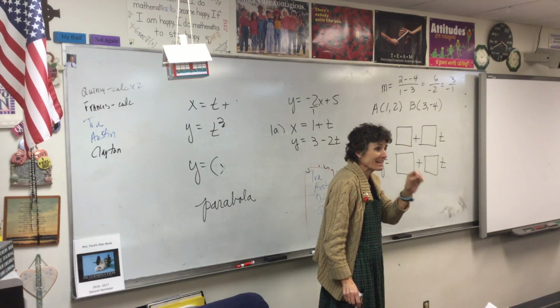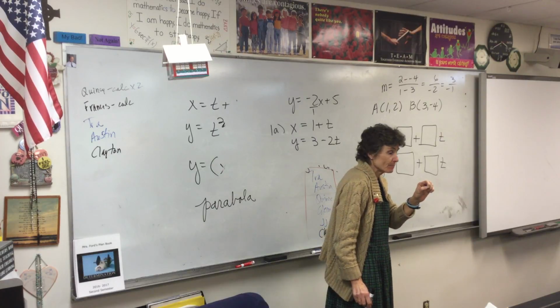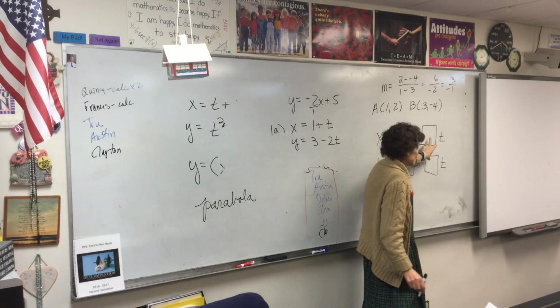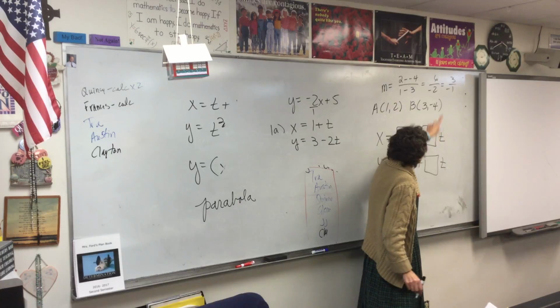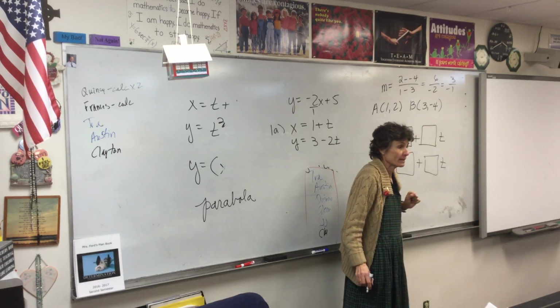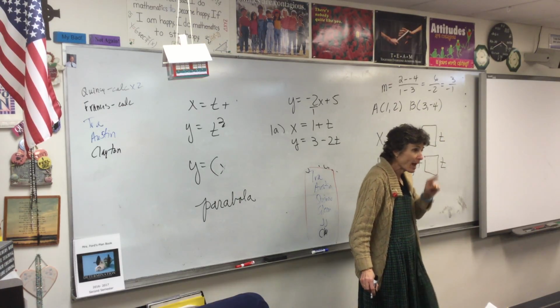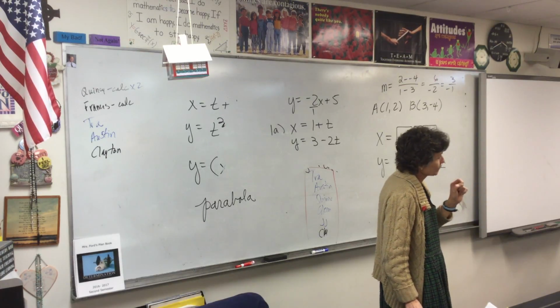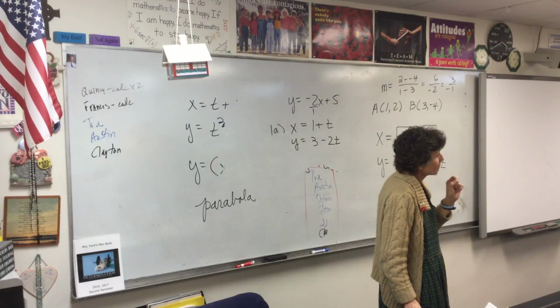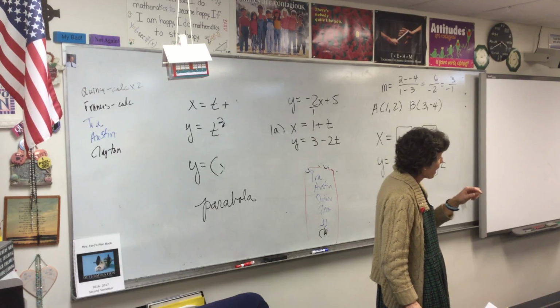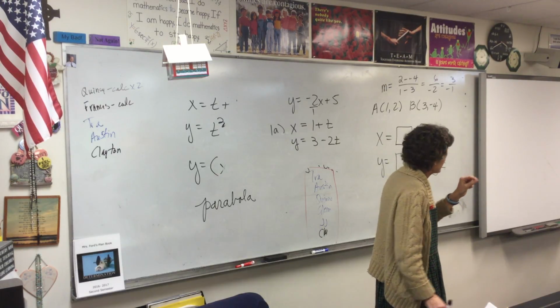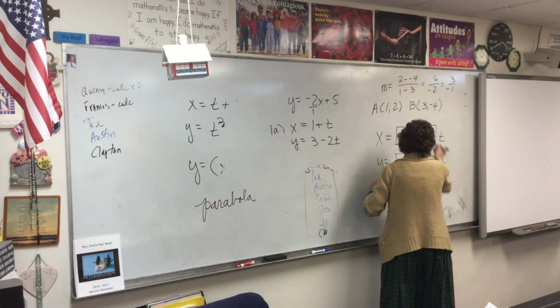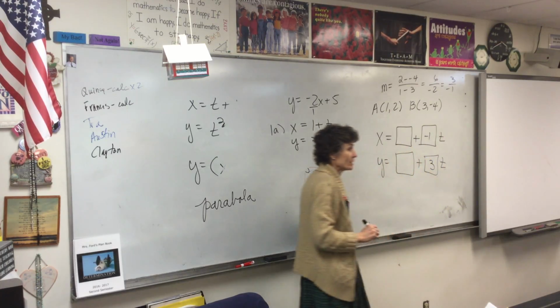That automatically tells me that in these 2 boxes go a slope of 3 over negative 1. Now what you have to be careful of is put the 3 in the right box and the negative 1 in the right box. Remember, slope is y over x. So the 3 is going to go here and the negative 1 is going to go here.